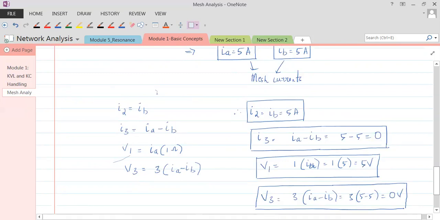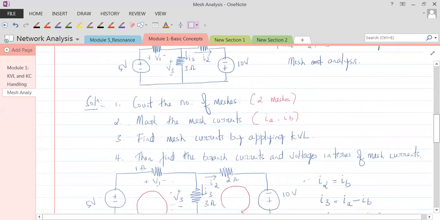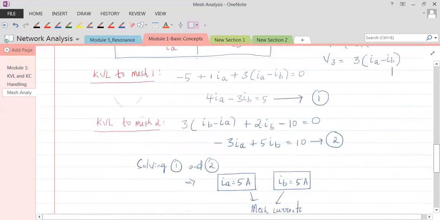Now, what have we done? We have counted the number of meshes, so there are 2 meshes. We have marked the mesh currents, and we have found the mesh currents and expressed the branch currents and voltages in terms of them.